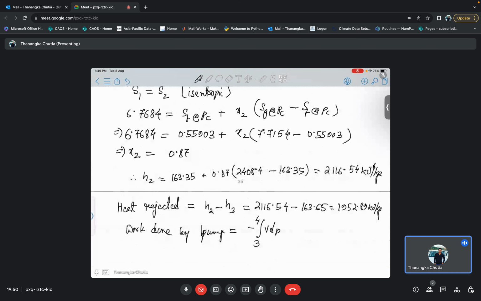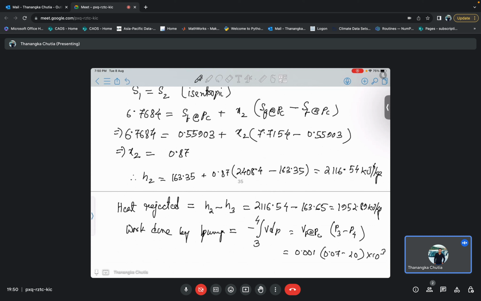So this will be Vf at Pc times P3 minus P4. This Vf at Pc is 0.001 from the steam table, so it is 0.001 times 0.07 minus 20 into 10 to the power 3.